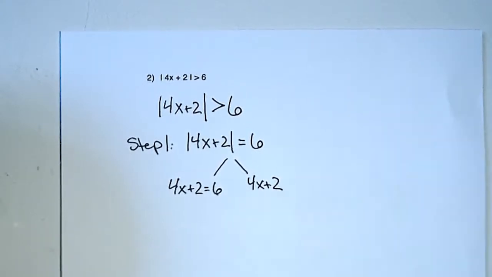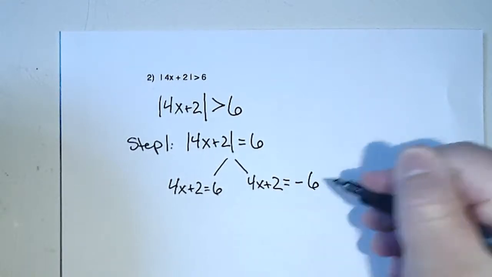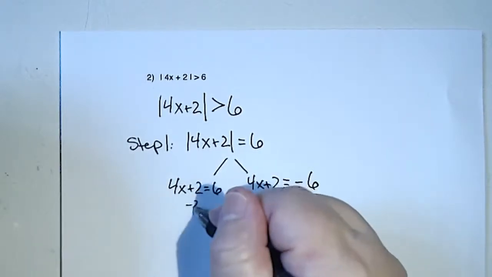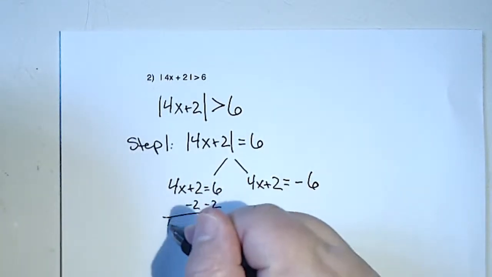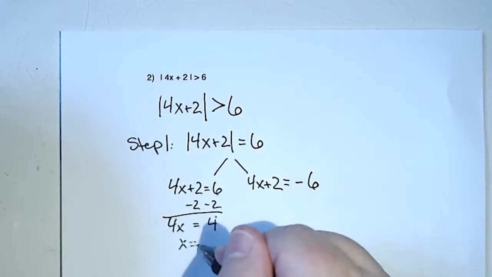I know you're paying for the big words, so I'll use them. 4x plus 2 equals -6. So either it equals +6 or -6. I subtract 2. 4x equals 4, so x equals 1.